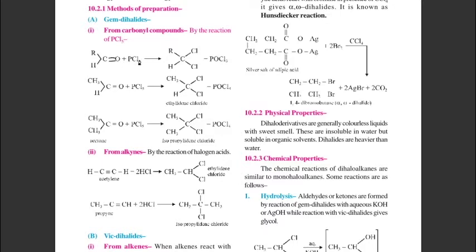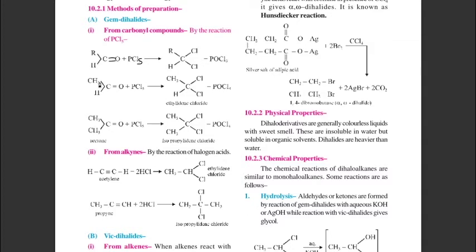Out of 5 chlorine atoms, 3 chlorine atoms are removed and a molecule of POCl3 is formed, and the 2 chlorine atoms get attached to this carbon atom. So in this way we get gem dihalides.